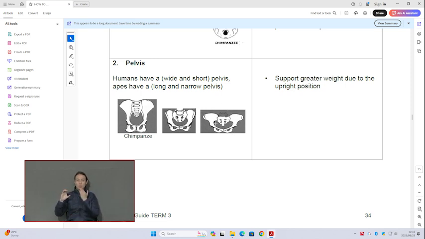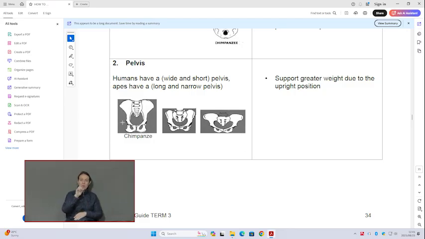Other primates or humans? Humans. Why? Because it is short and wider. So this indicates what? Bipedalism.